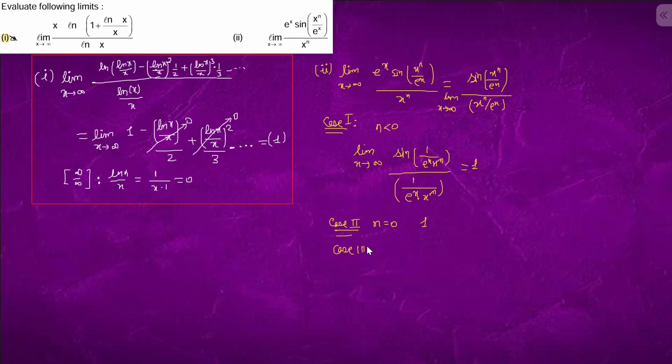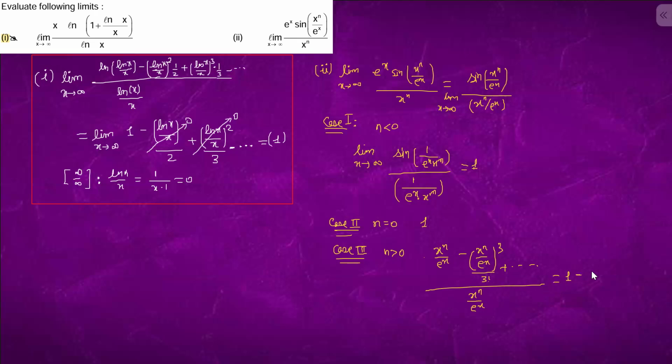Case 3, n bigger than 0. When n is bigger than 0, x tending to infinity, we will have to check. We'll have the expansion of sin x to the power n e^x, which is (x^n e^x) minus (x^n e^x) whole cube by 3 plus dot dot dot, and we divide by x^n by e^x.